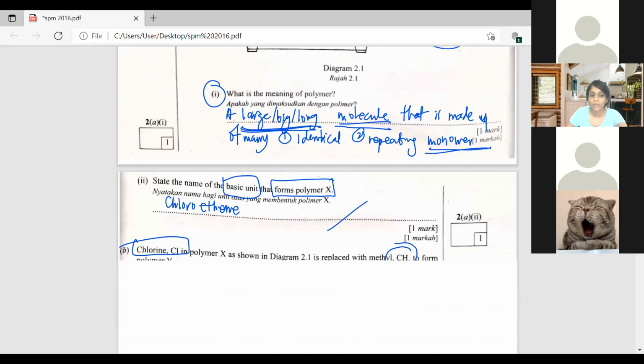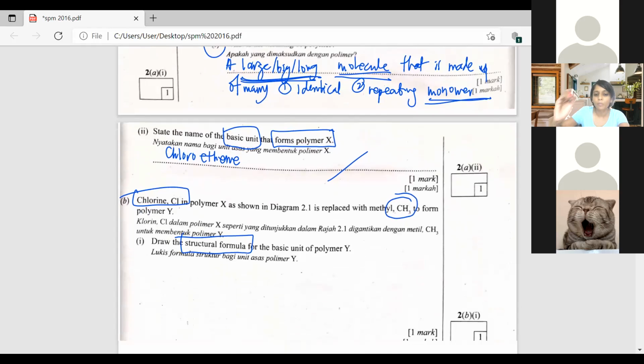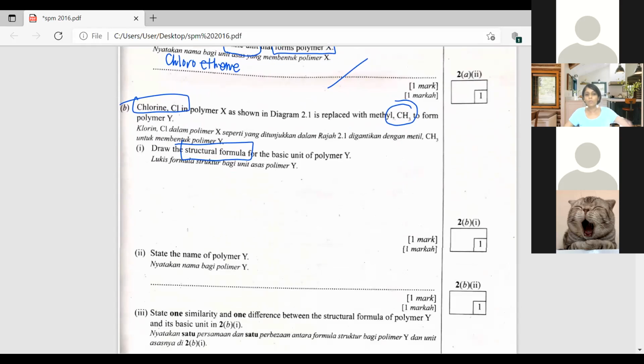Trick question here. They ask you, draw the structural formula. I want one kind soul to come over to my laptop here and annotate my screen. Draw it for teacher. I'm going to show you how your answer is rejected here. Anyone can come over.